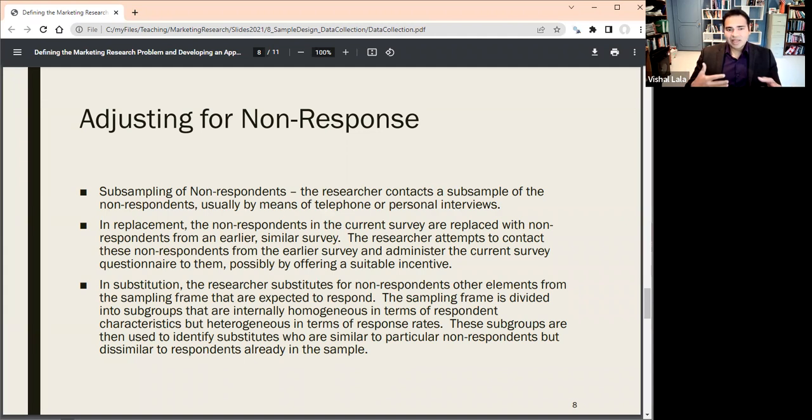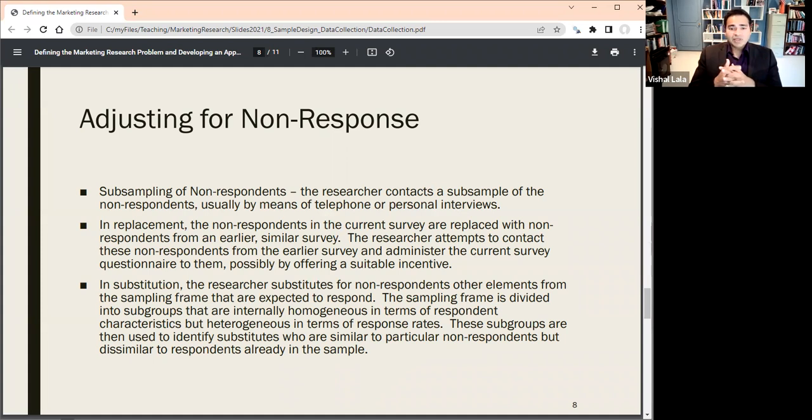The idea here is to gauge, in a sense, are the responders and non-responders the same or not? If they are in fact identical on variables of interest, then one doesn't have to worry about any non-response bias, or for that matter, non-response error, because on the variables of interest, the two groups are not different.